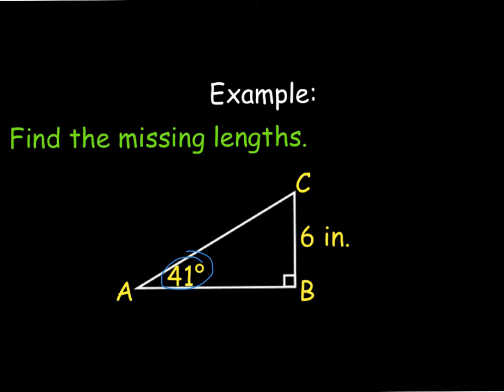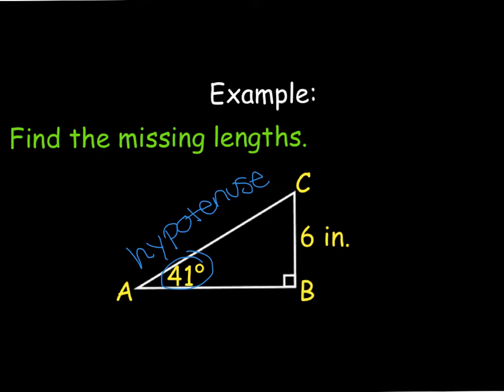Okay. And then we label just like we did when we were finding the trigonometric ratios before. So we identify our hypotenuse, and remember that is always across from your right angle. So segment AC would be your hypotenuse. And then you look at your angle and you see what other side is helping to form it.